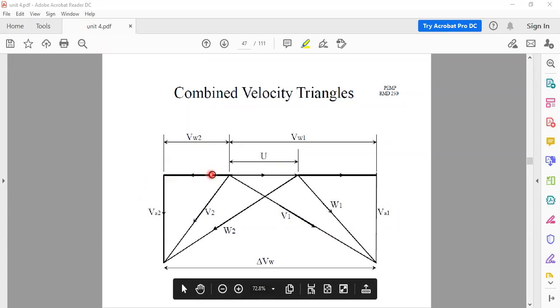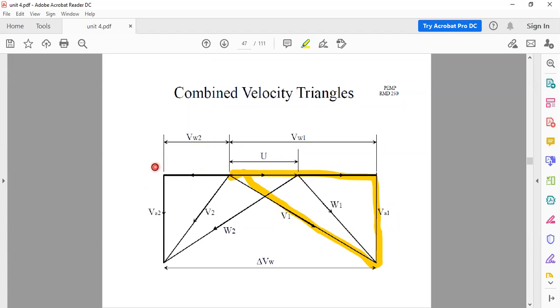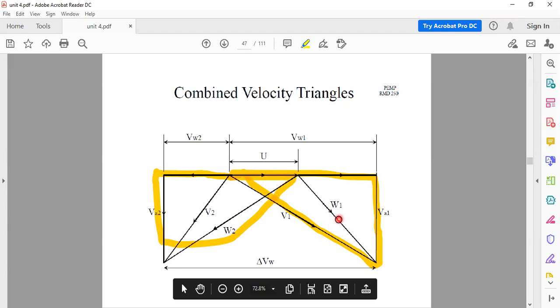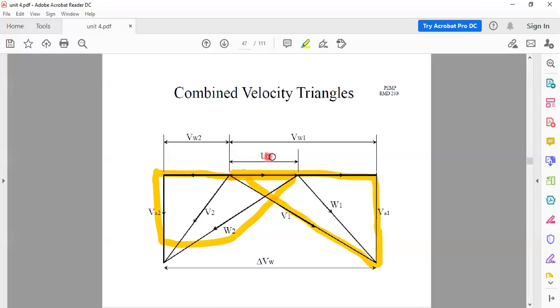After combining the diagrams, we get it like that. This is your inlet triangle. This is your outlet triangle. See, this is Vw1, V1, Vf1. We know all things, only the blade velocity is common.